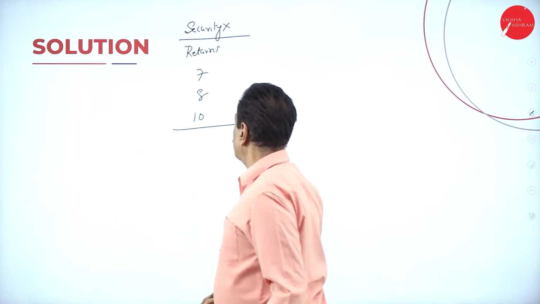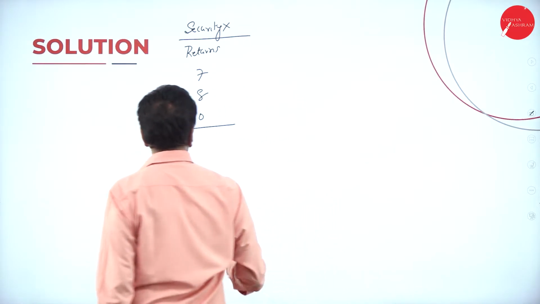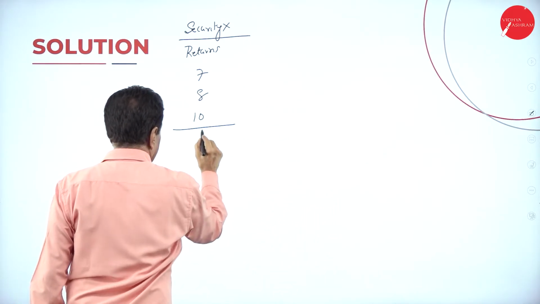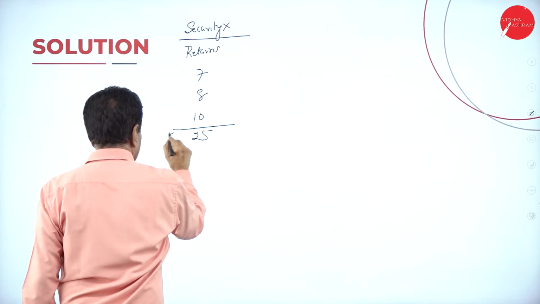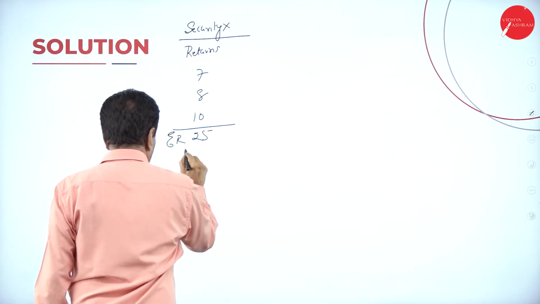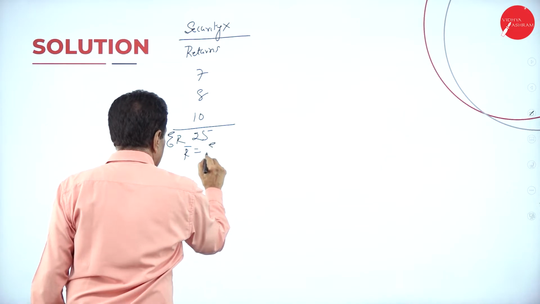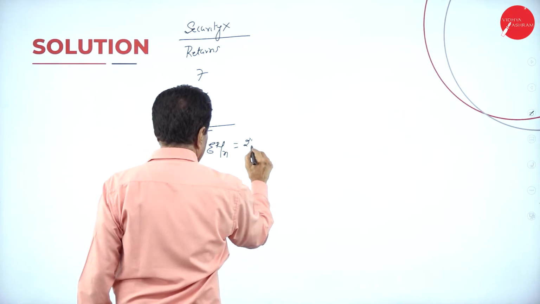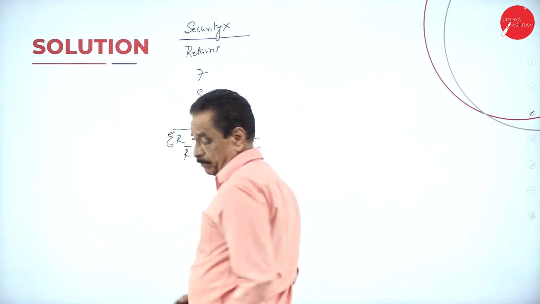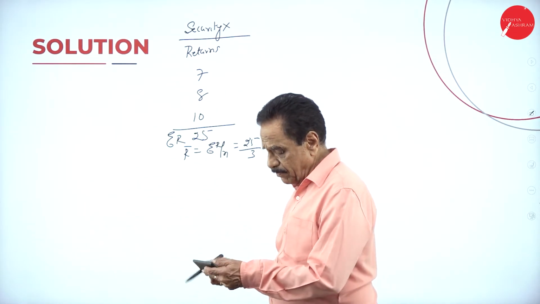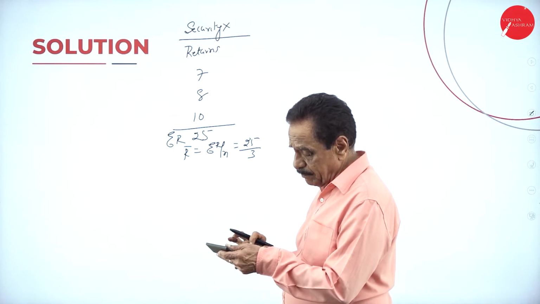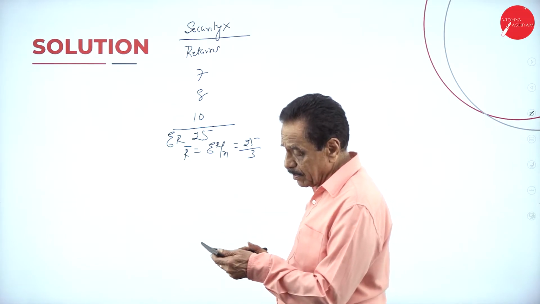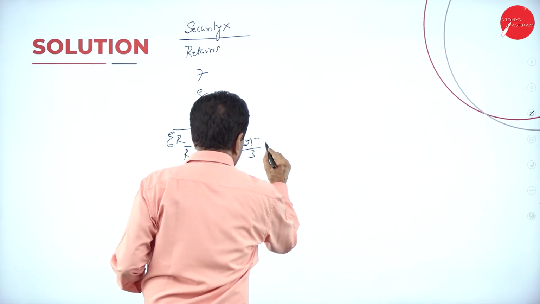So 10 plus 8 plus 7, 25. This is sigma R. R mean is equal to sigma R divided by N, 25 divided by 3, 8.33.